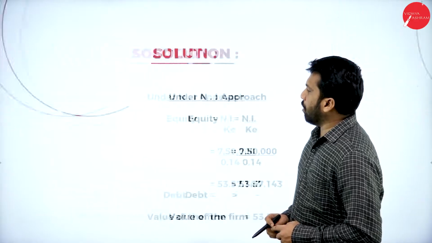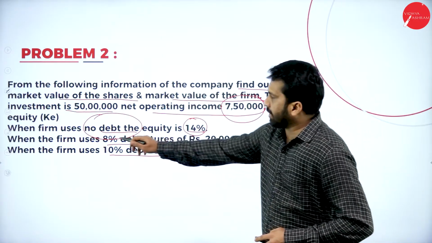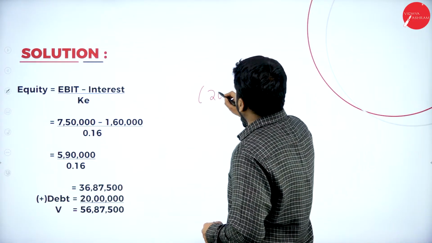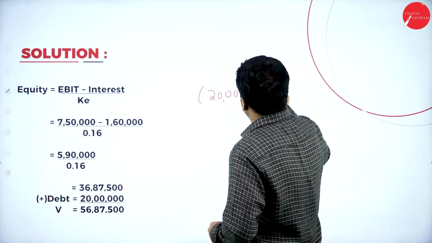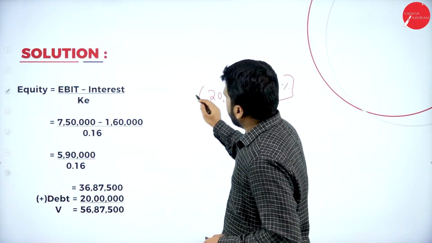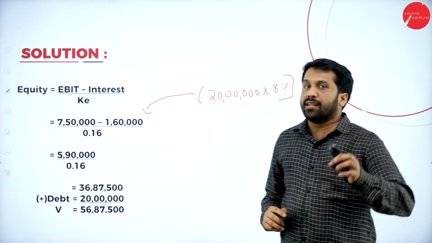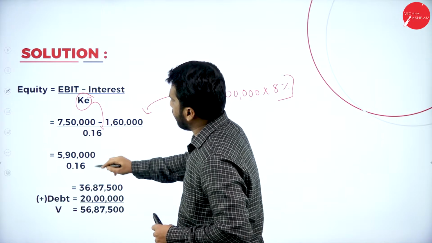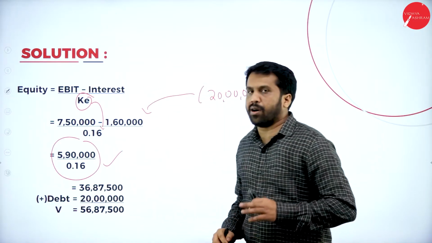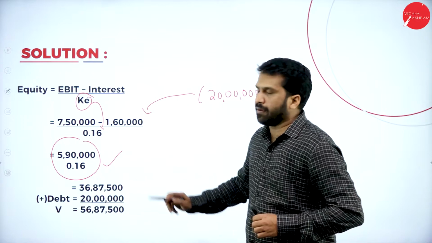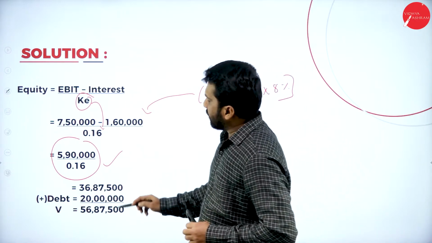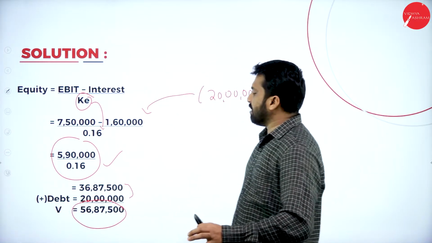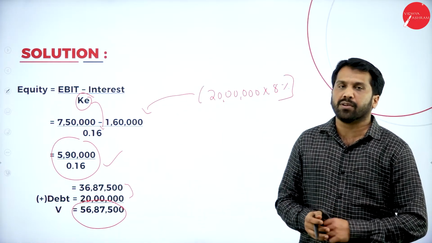Yes. How much? It will be 20 lakh into 8%, which gives 1,60,000. 7,50,000 minus 1,60,000 divided by your cost of equity, how much do you get? 36,87,500. Now plus you have debenture, add both, and you will get the value of the firm, 56,87,500. Hope you are clear.